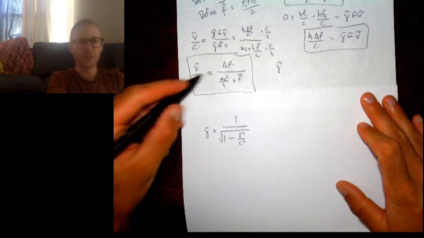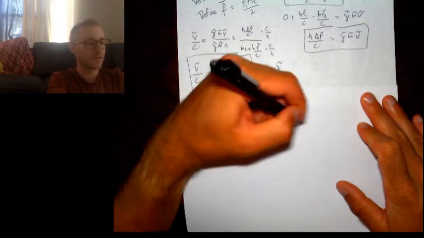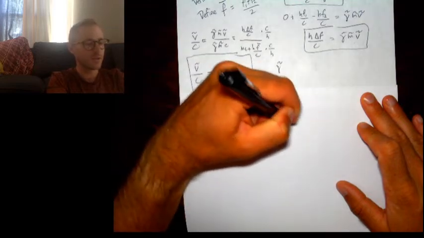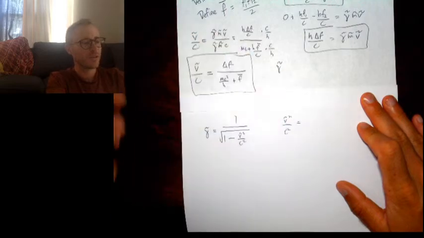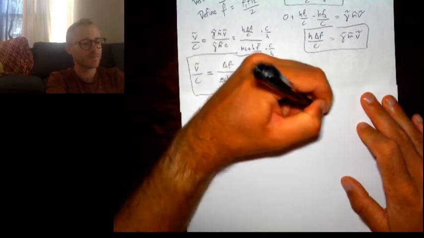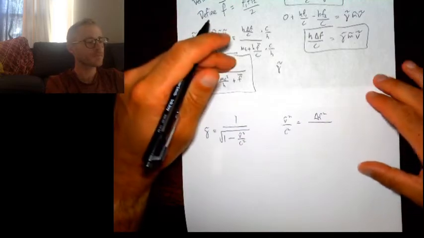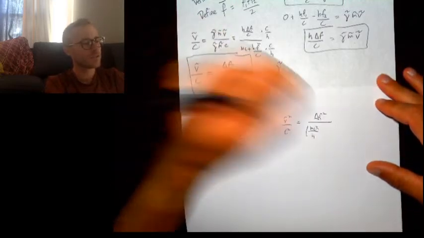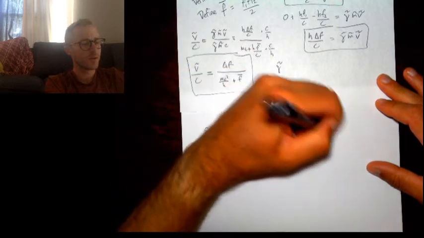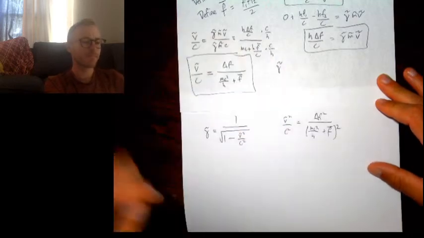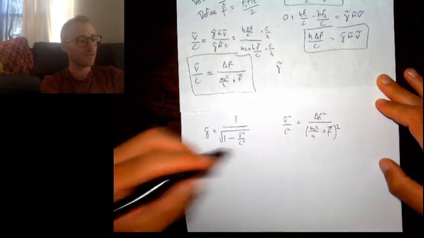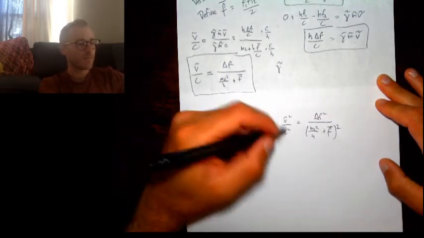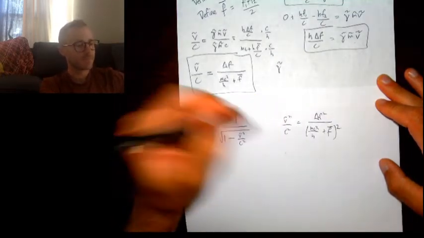So I got to square this quantity. V squiggle squared over C squared is going to be delta F squared over MC squared over H plus F bar, that quantity squared. Then I have to do 1 minus that.